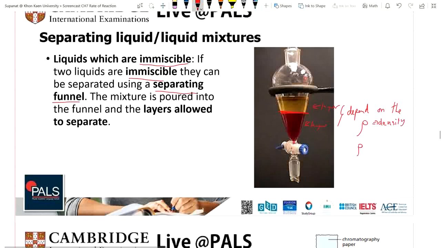The greater density will be at the bottom, and the lower density will be above. So that means here the less density, and here the greater density.